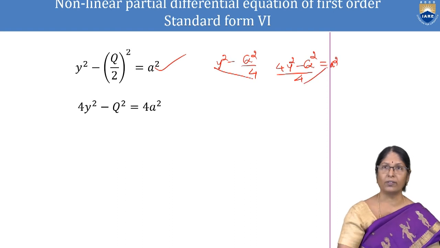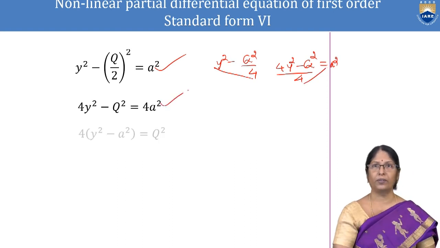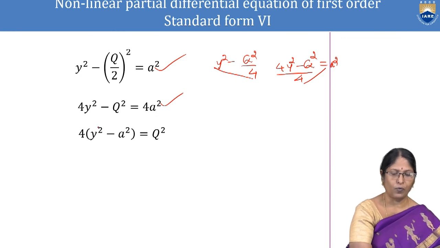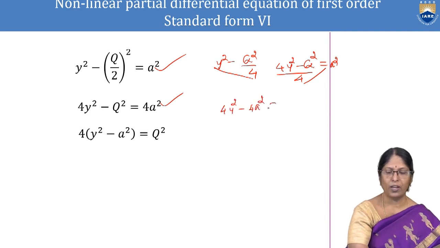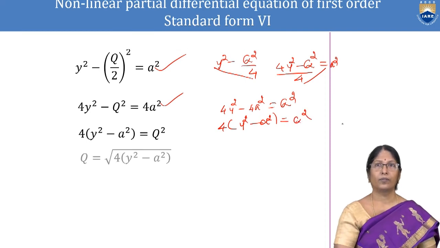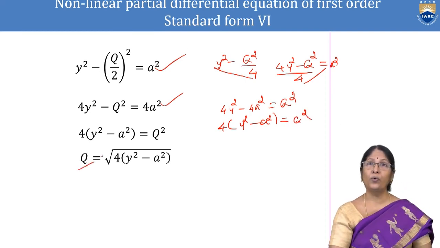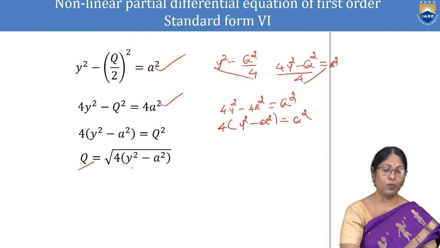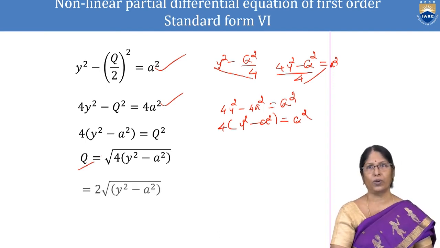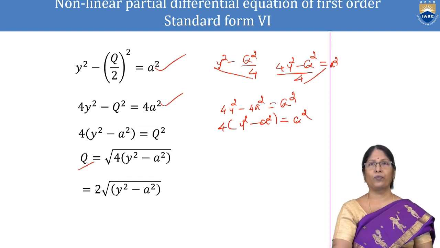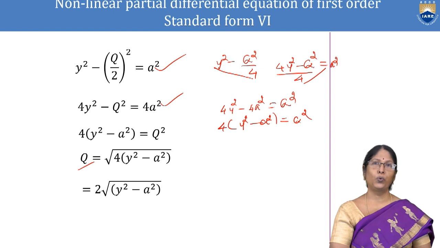This 4 is coming to this side. 4 is common, so 4y square we are bringing here: 4y square minus 4a square equal to q square. 4 is taken outside. We want q, so q equal to square root of 4 of y square minus a square. The square root of 4 is nothing but 2. So 2 into square root of y square minus a square.